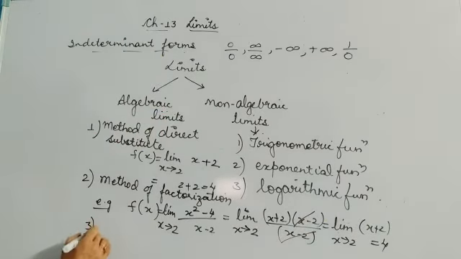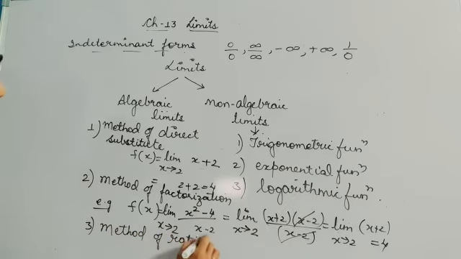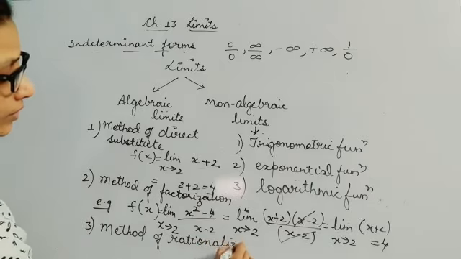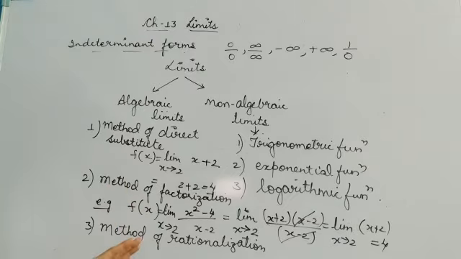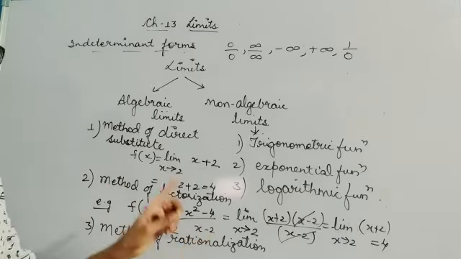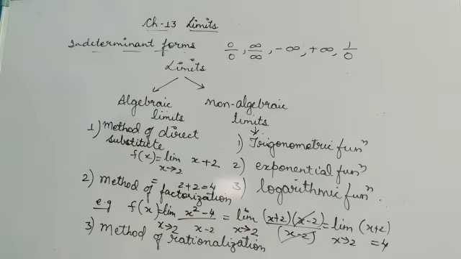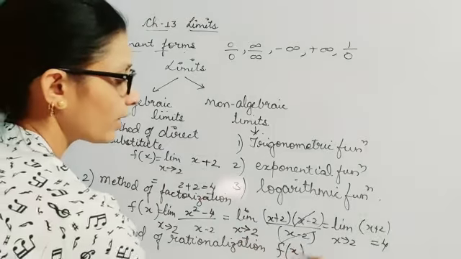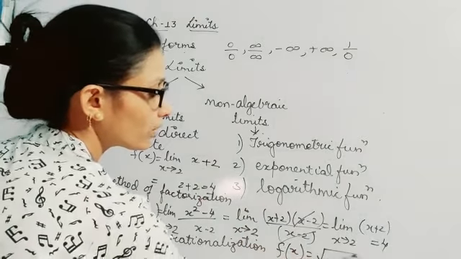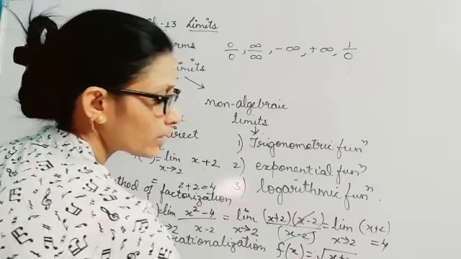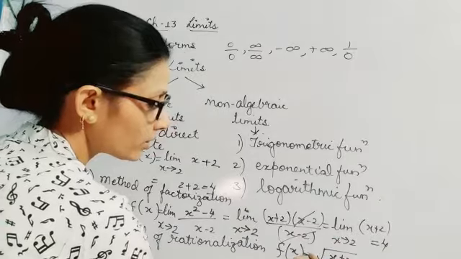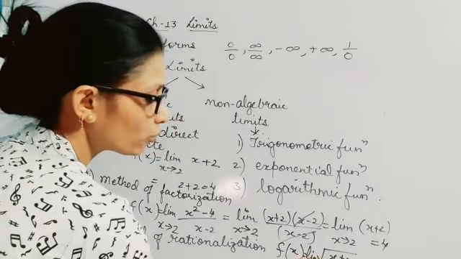The third method is the method of rationalization. This method is used when you are given root functions. Let's suppose f of x is equal to under root x plus 2 whole upon under root x minus 2, and let's suppose it is given limit x tends to 2.